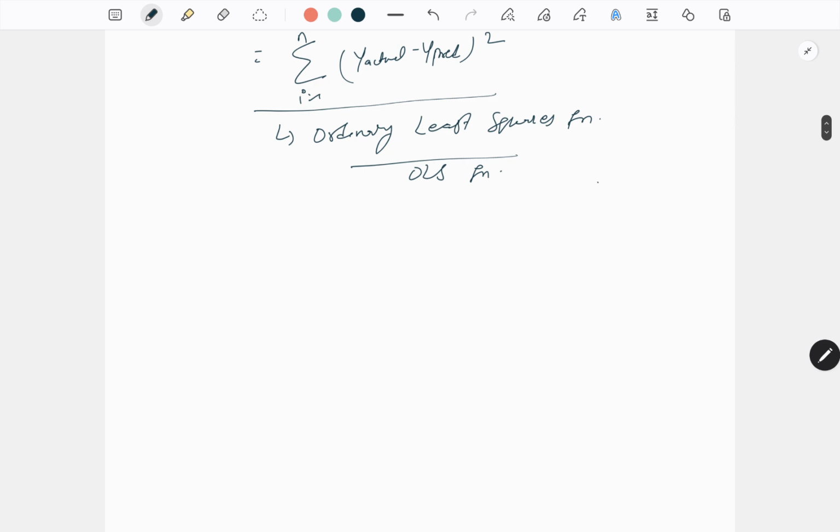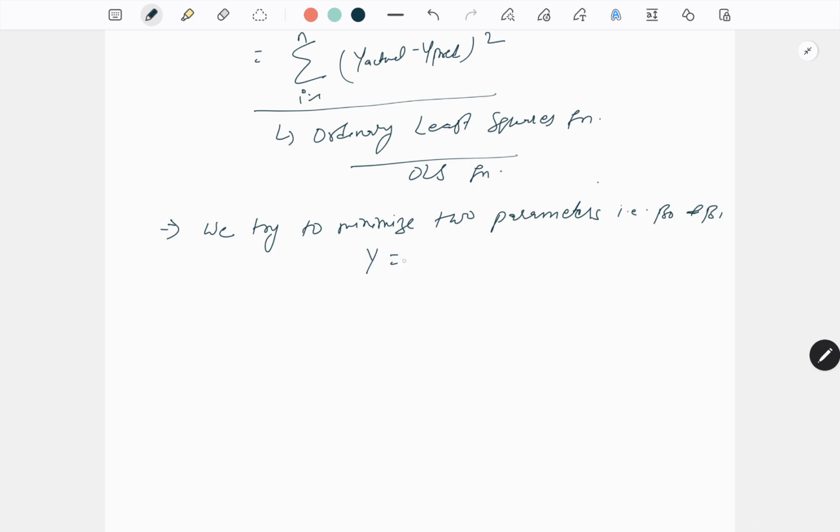Through this OLS function, by minimizing the sum of squares of error, we try to estimate the two parameters of linear regression, that is beta naught and beta 1.